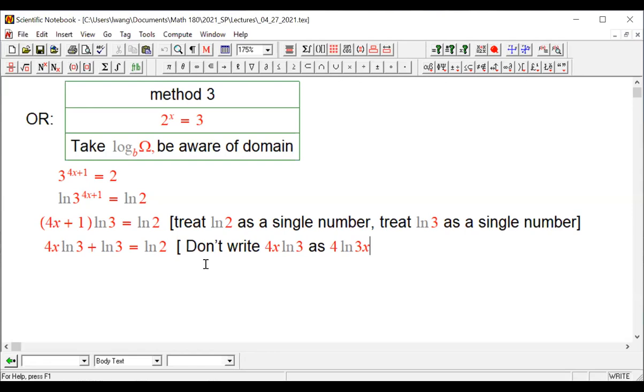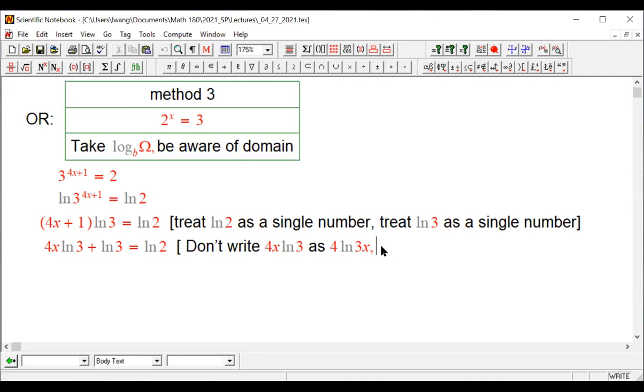But here you don't. Why? Because when you write it this way, it can be confused that we have taken ln of 3x. We're taking natural log only on the 3, not on the x. If you write it this way, it's going to be confusing, and most of your teachers will read it as a mistake. So don't write it that way.